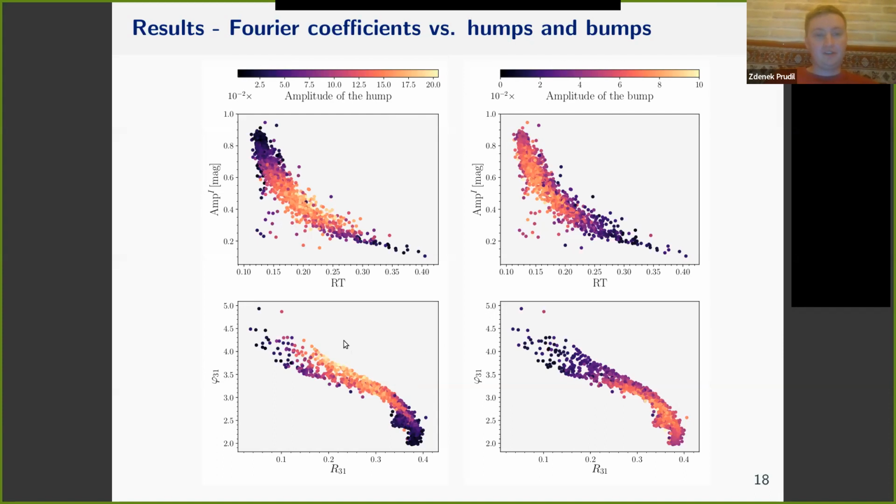If you look at the Fourier coefficients phi31 and R31 on the bottom part, the phi31 coefficient is especially important when we calculate the photometric metallicity of irregular stars. If you're wondering why there are these two hooks here, I refer to our paper from 2019 about the Oosterhoff groups in the galactic bulge.